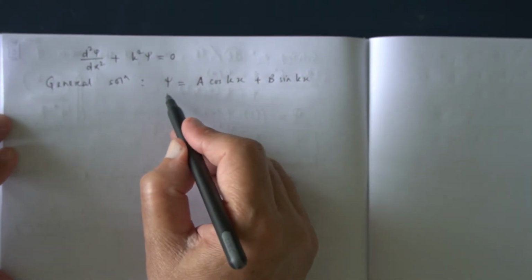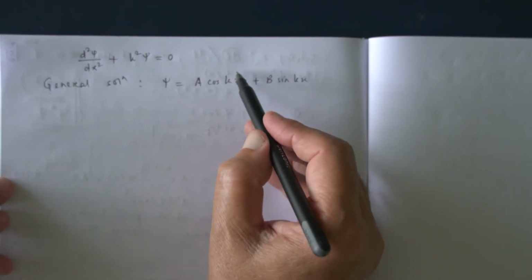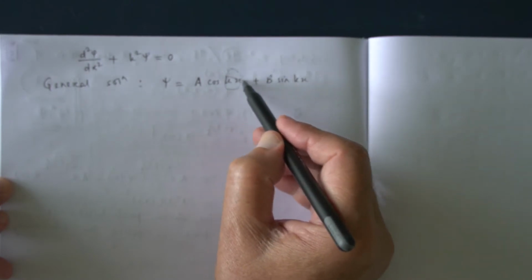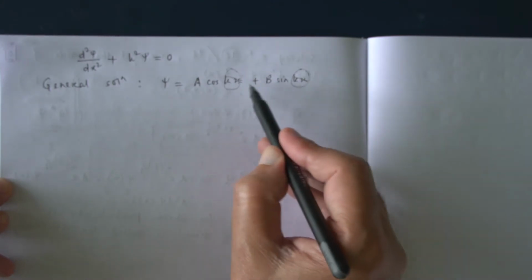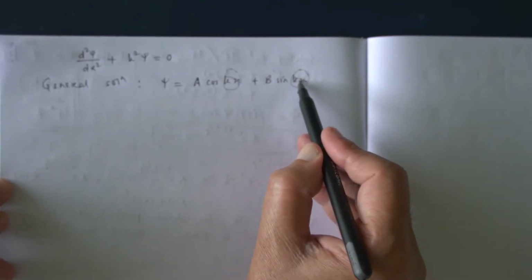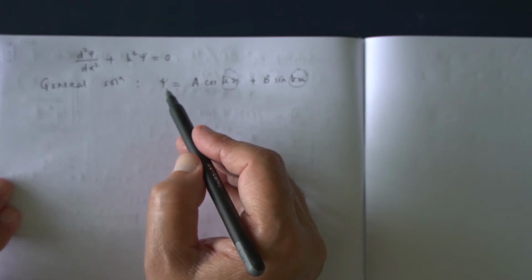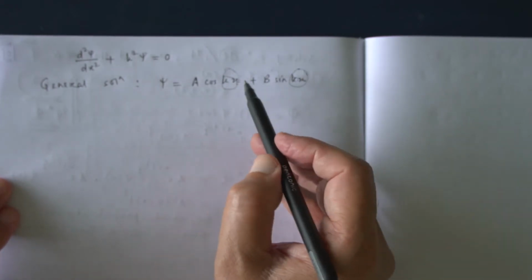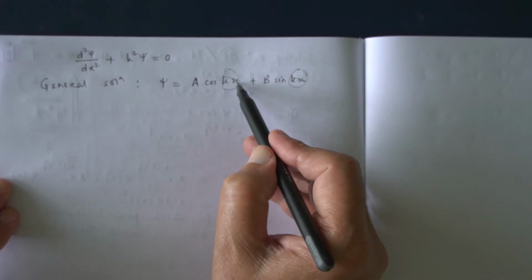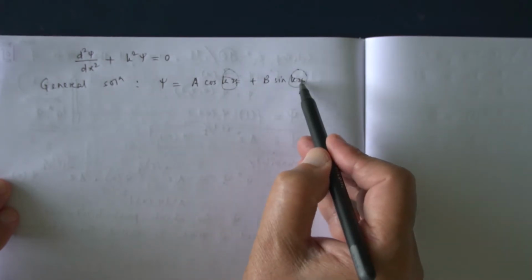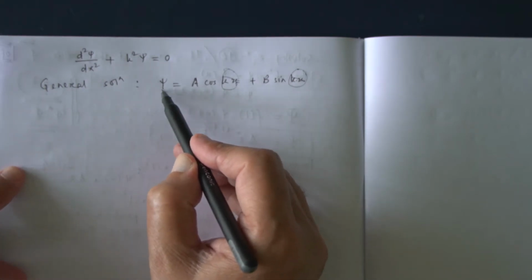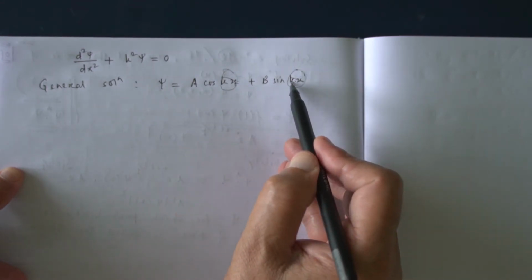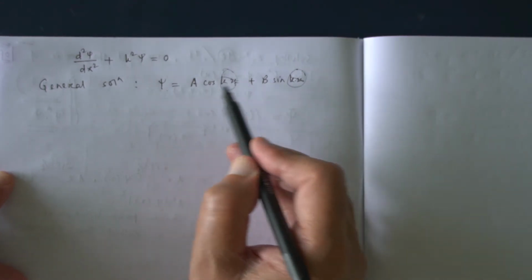Now depending on the value of x, we may get thousands of values of psi, but all those values of psi may not be significant to us.